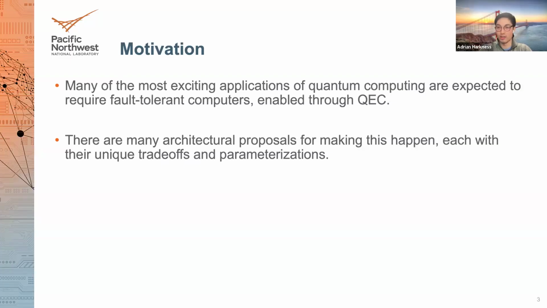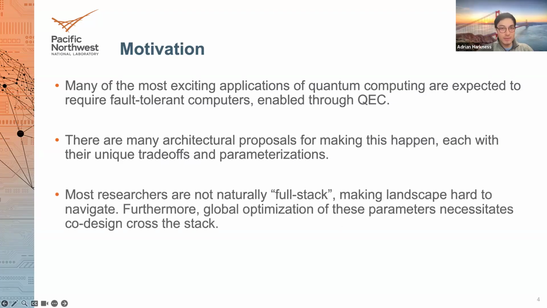It gives us a large design space to explore, but also it can become increasingly overwhelming when there's just more and more architectures and quantum error correction codes and computational models proposed each day. And we need some way of starting to narrow down on good pipelines and combinations of parameters.